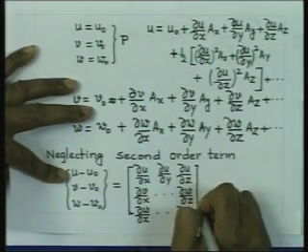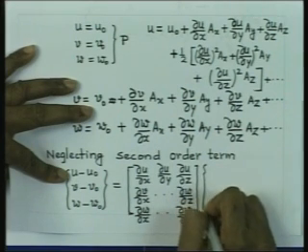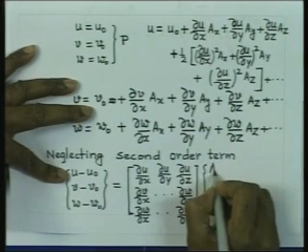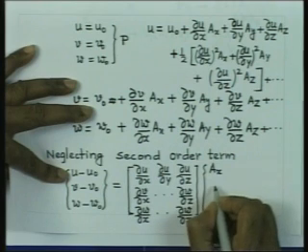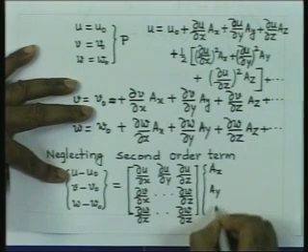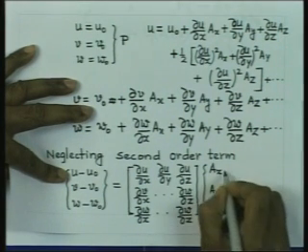So, therefore, this is multiplied by the components of A, Ax, Ay, Az.